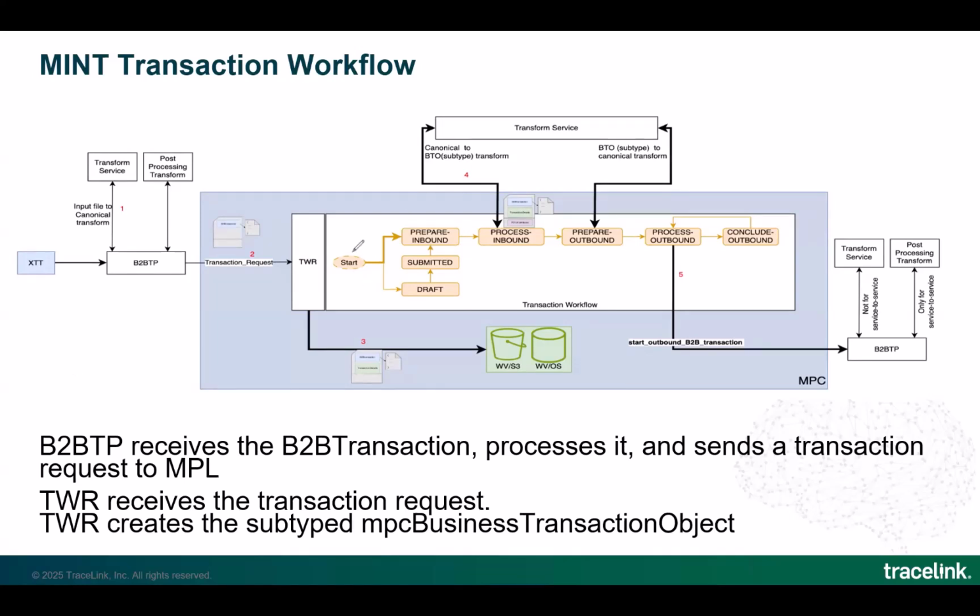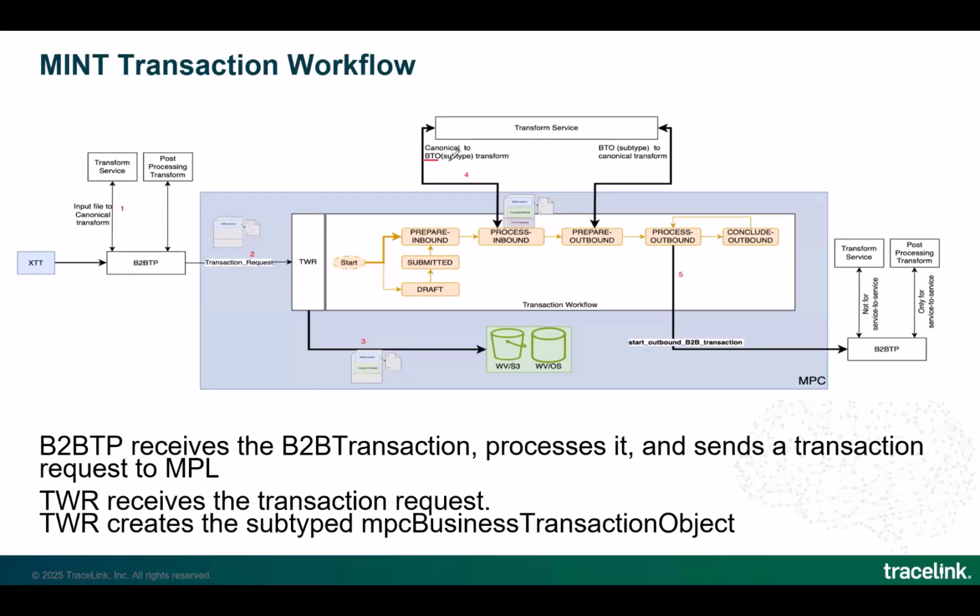Now, if a transaction is initiated from the B2B, the prepare inbound stage happens where the data is copied, and then the process inbound stage is where the actual transaction information that was present in the canonical is converted into what is called a business transaction object, right?